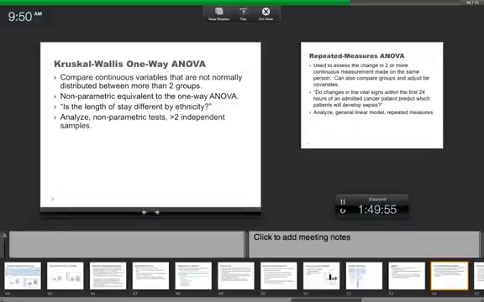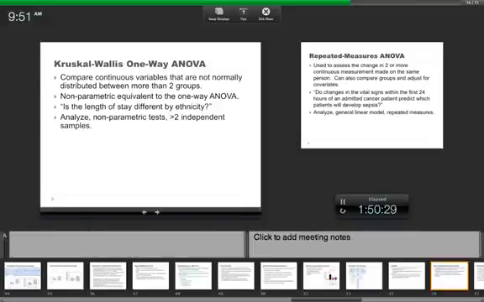Now, for continuous variables that are not normally distributed: the one-way ANOVA, just like the t-test, assumes the populations are normally distributed. If the distribution is not normal, you cannot use the one-way ANOVA, and you would use the Kruskal-Wallis one-way ANOVA, which is the non-parametric test for the one-way ANOVA.